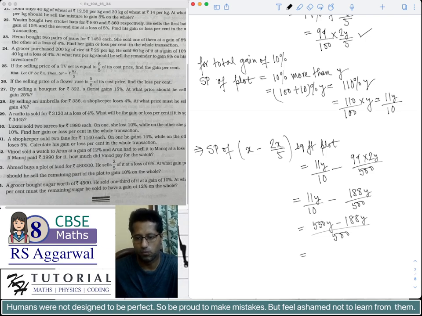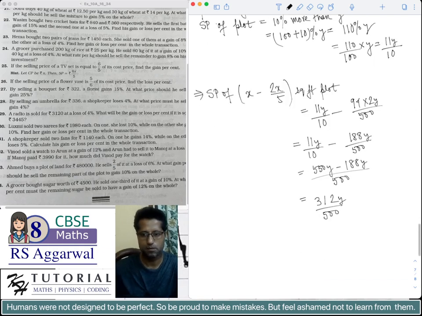This is equal to 312y by 500. This is the selling price of the remaining plot.